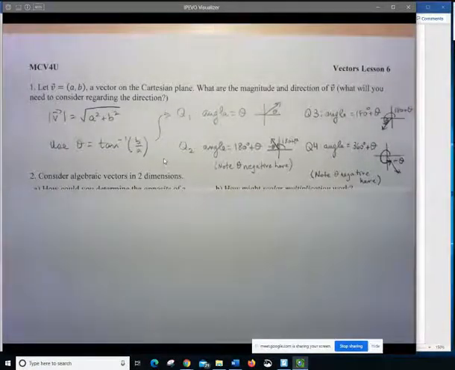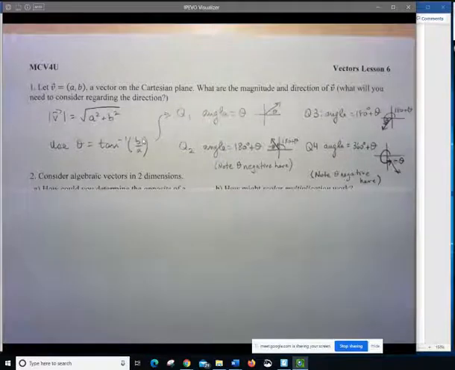When it came to finding a direction, we had decided that we were going to use the angle from the positive x-axis. The easiest thing to use would be the inverse tangent of B over A, using that triangle, where B represents the height or the opposite, and A represents the adjacent.